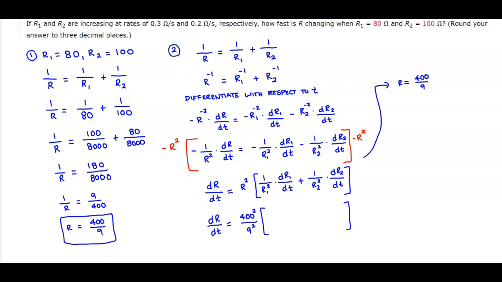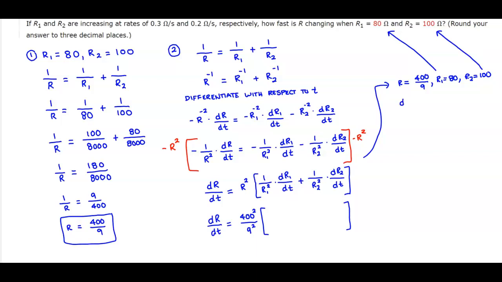We also know that R1 is equal to 80 and R2 is 100. And we also know the rates.